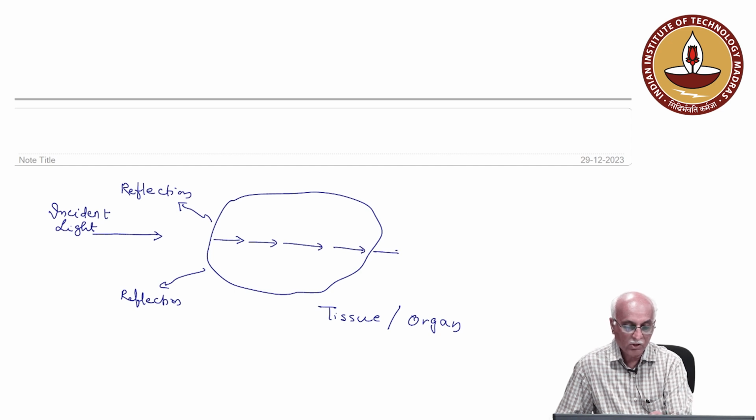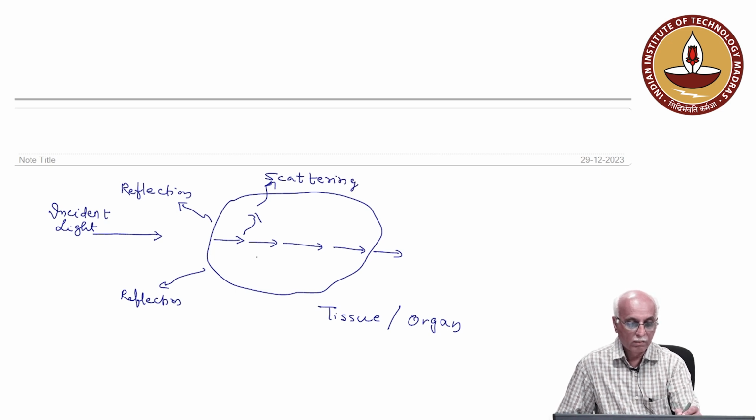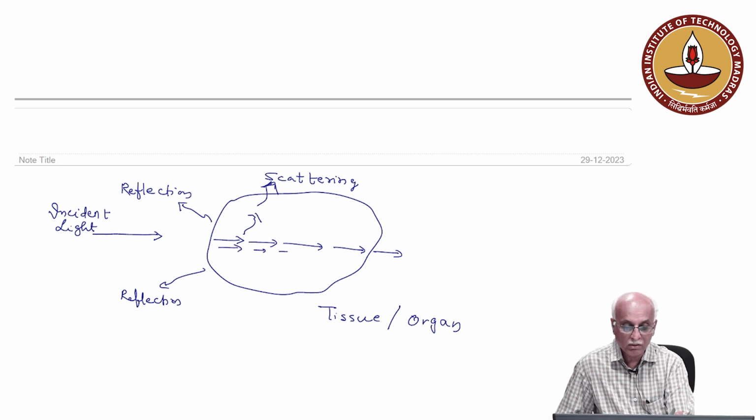When the light is getting transmitted, it may interact within this tissue material, and we will also observe scattering of light. We'll see what the different types of scattering are that we can observe, and we will also notice some absorption coming into the picture.